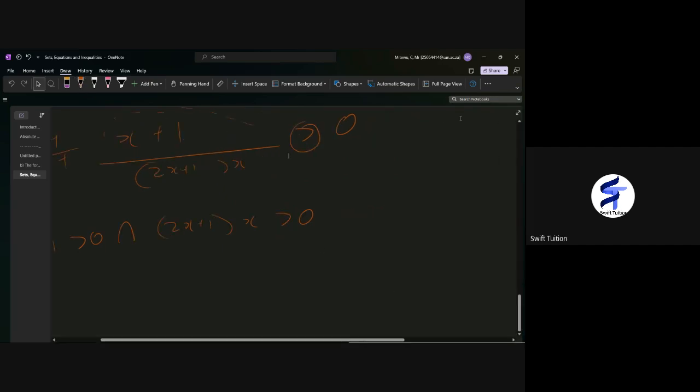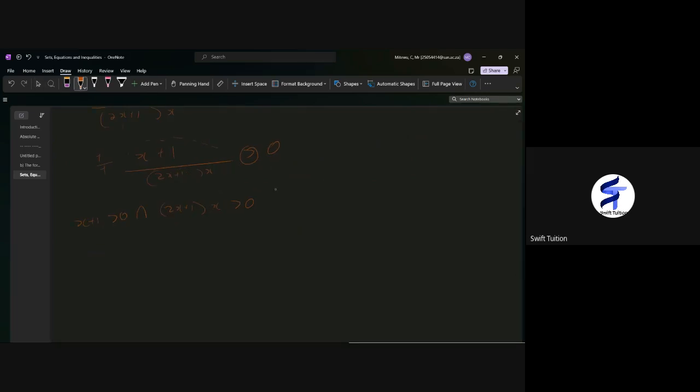But also consider the alternative. The alternative is when x plus 1 is less than 0 at the same time that 2x plus 1 multiplied by x is less than 0. Those are the two alternatives that we have here. Given these two, I have to solve for what x is, and then I'm going to find the intersection of the two sets.